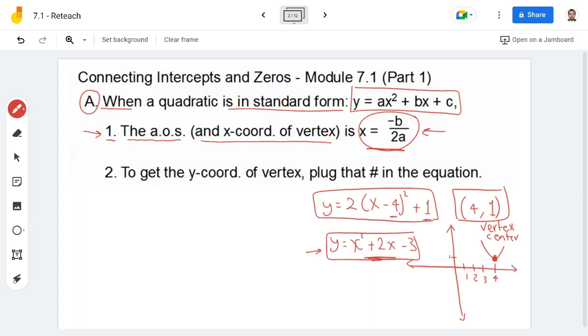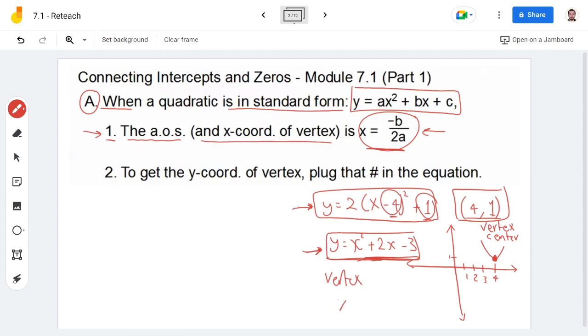If you look at the vertex form, we can state that this one is h and this one is k, and we can write them and graph. Here I don't have h and k, but I can find the vertex from the formula.